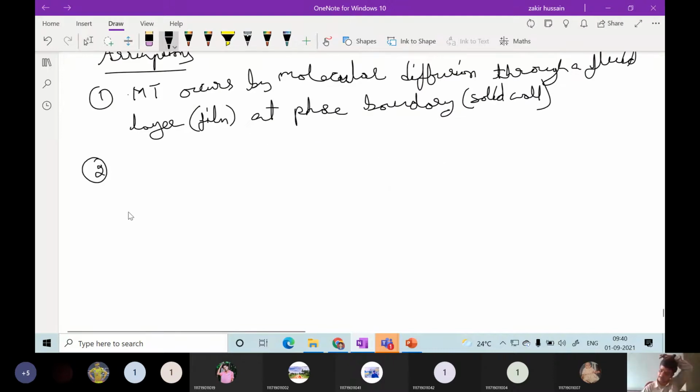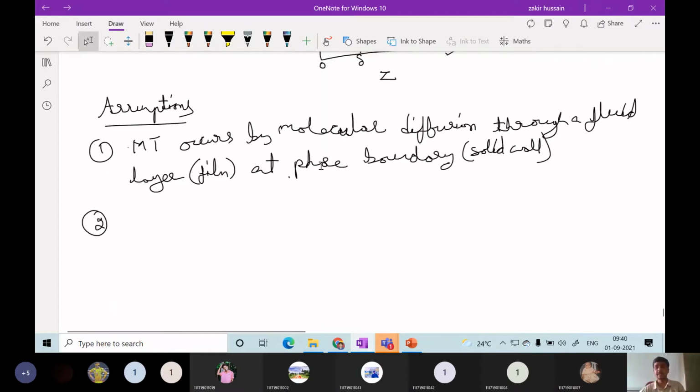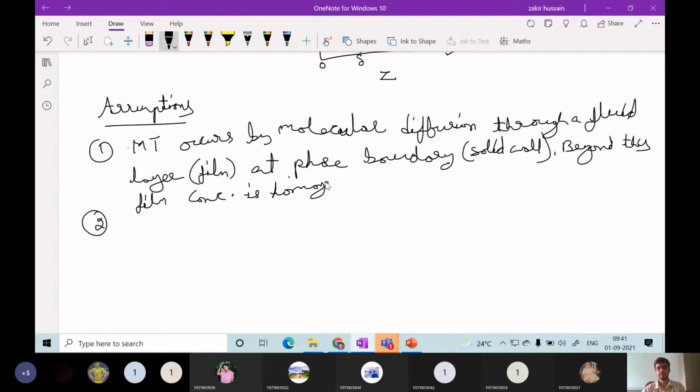The second one is the continuation of this. At the phase boundary only, the concentration variation will occur. After this film thickness, there is no variation. Beyond this film, in that fluid layer, the concentration is homogeneous, or we can say that is the bulk concentration CAB.